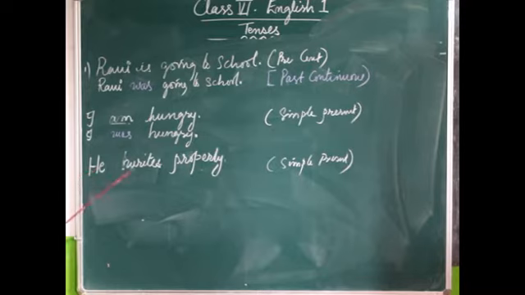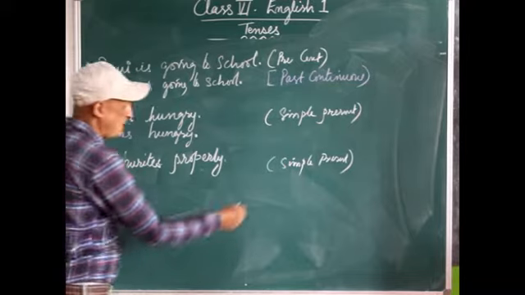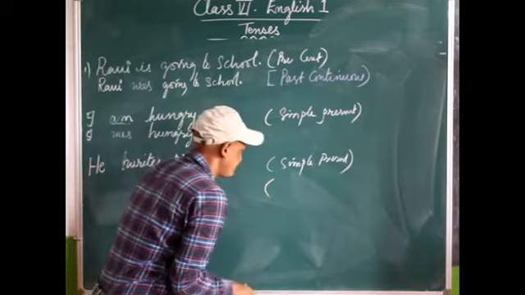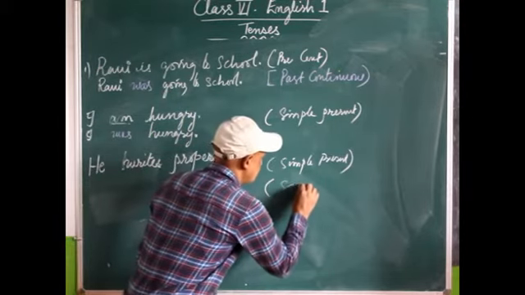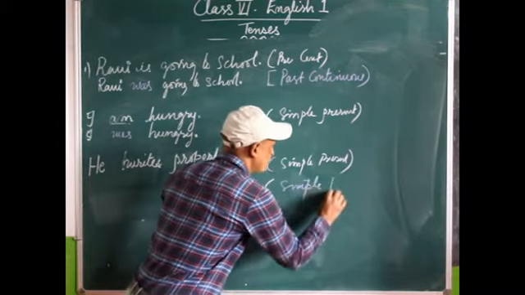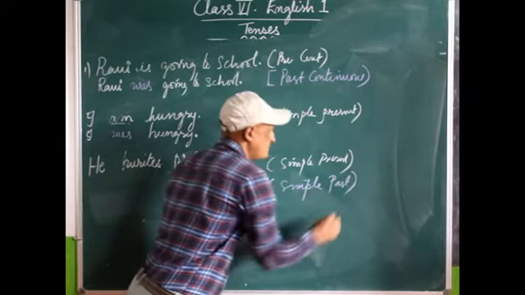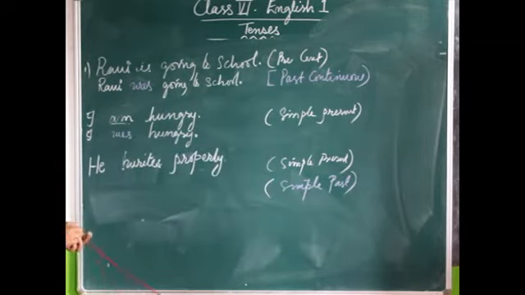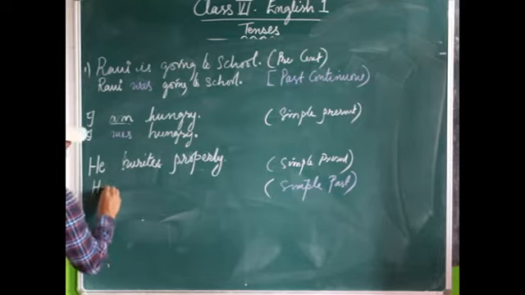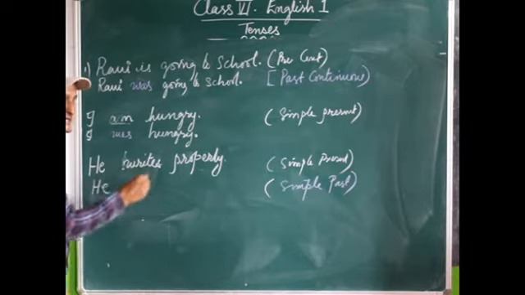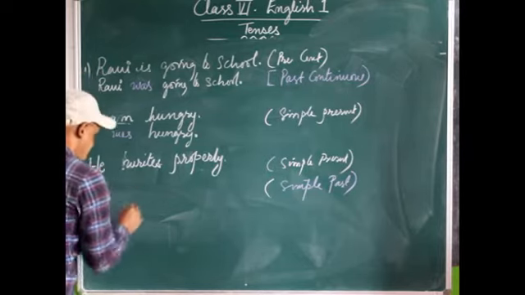Okay? He writes properly. What is it? Writes, third person, simple present. So to make it into the simple past, what happens? He remains the same. He, past tense of write, wrote.